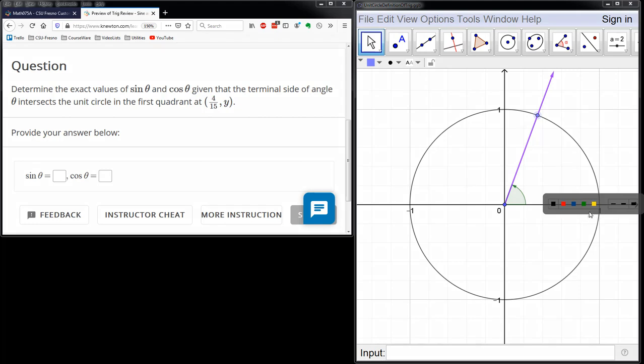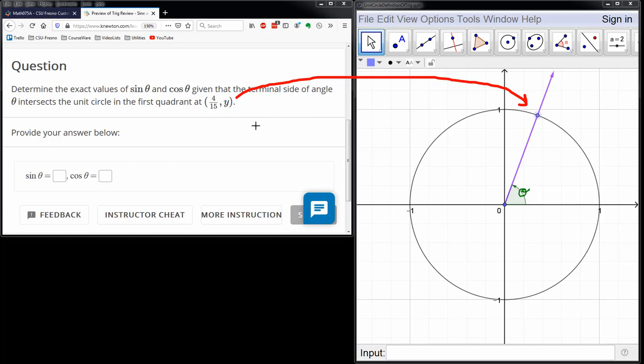Down here is the angle theta. They're telling us the coordinates of this point, which is handy: 4/15 and y.